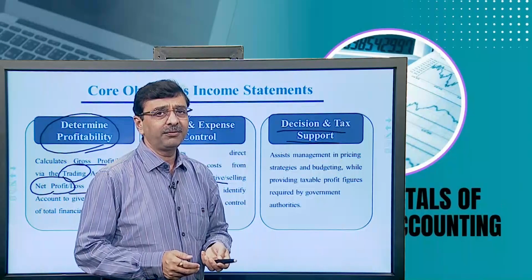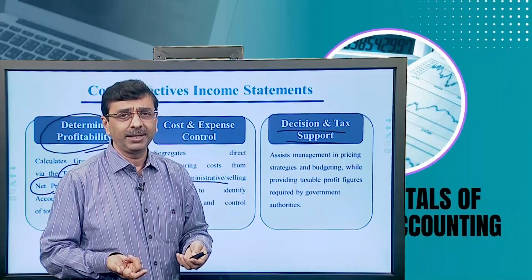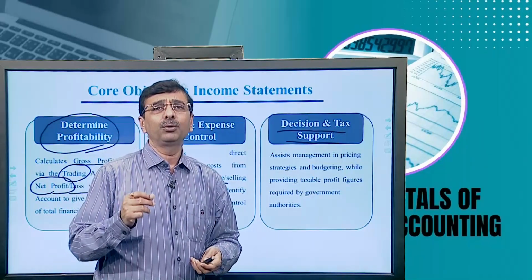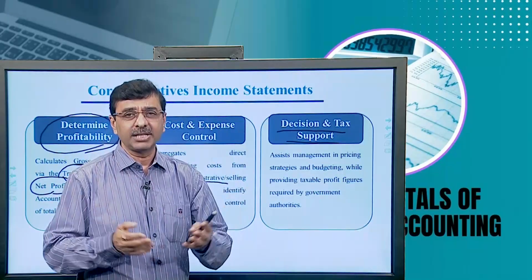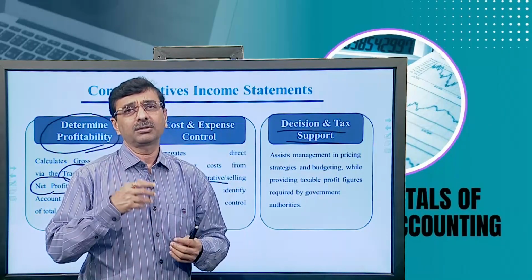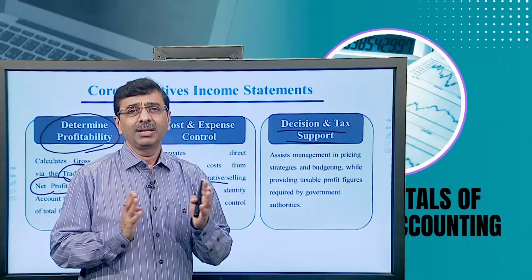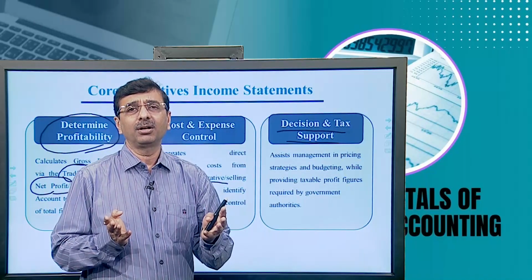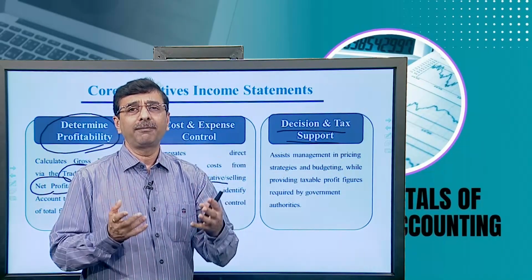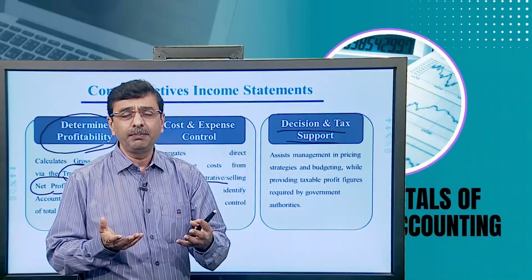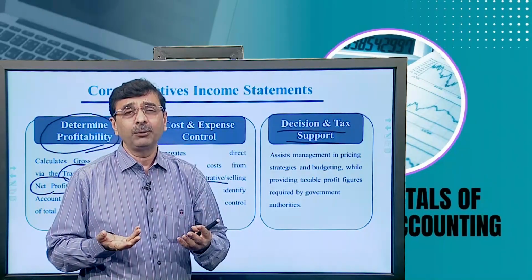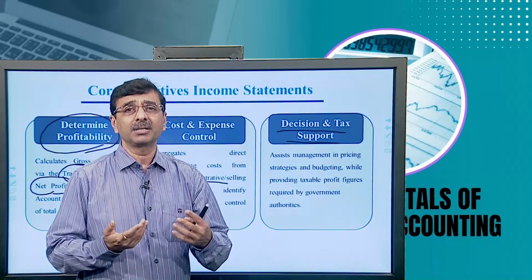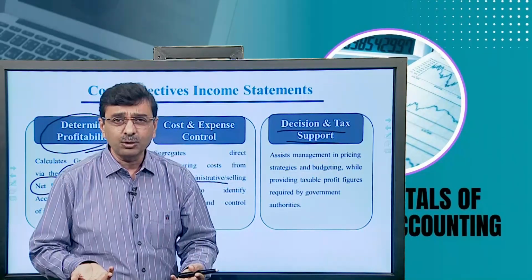We need to identify certain decisions to be taken. One, you can identify the fixation of the sales price of the product or the sales price of the services also. Second, you can take a decision on how much tax liability is to be paid according to the profitability. And third, you can evaluate whether there is any surplus after all the expenses are deducted.